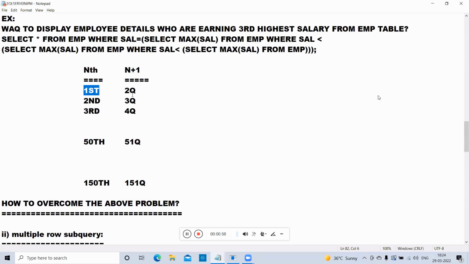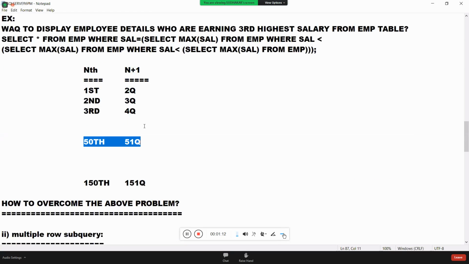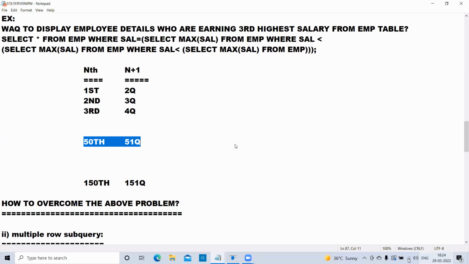So for the first highest, we are writing 2 queries. Second highest, 3 queries. Third highest, 4 queries. And if we want to find the 50th highest, then we are writing 51 times.